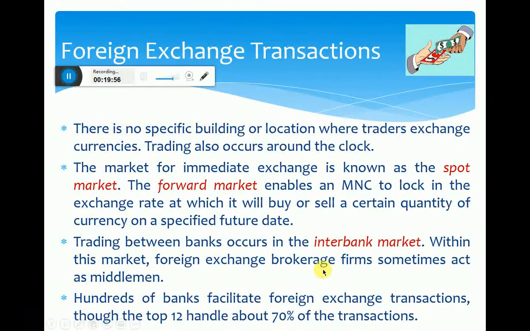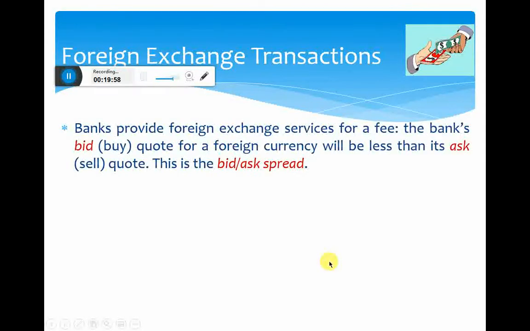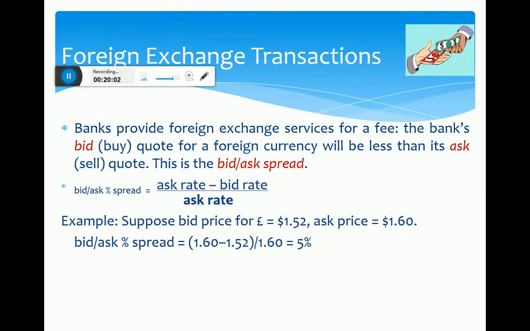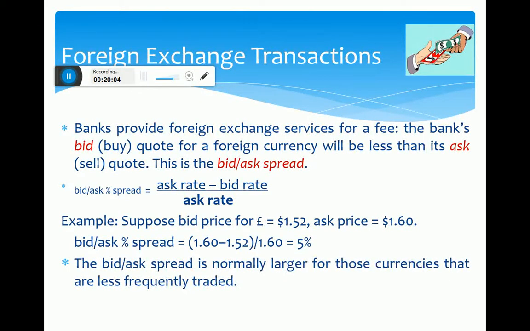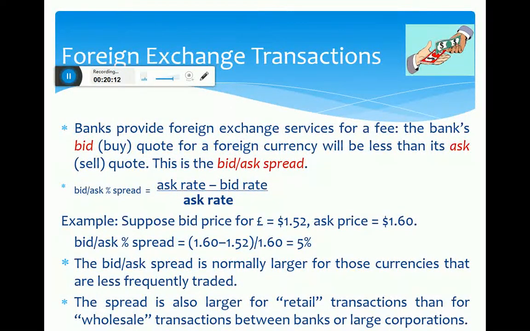Okay, a bank provides foreign exchange services for a fee. The bank's bid quote for a foreign currency will be less than the ask quote. Basically, a bank provides two prices for a currency to be exchanged. Number one is the bid rate, number two is the ask rate.